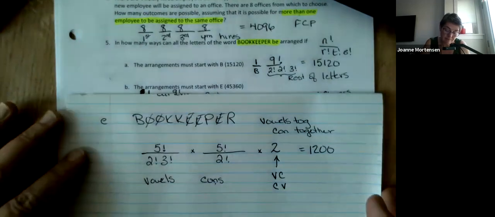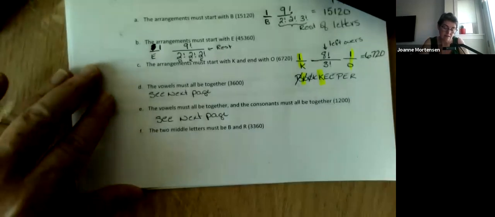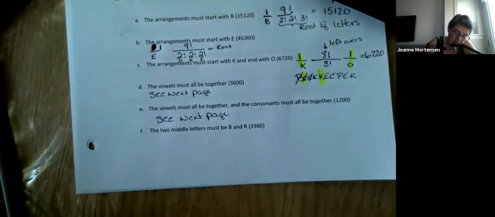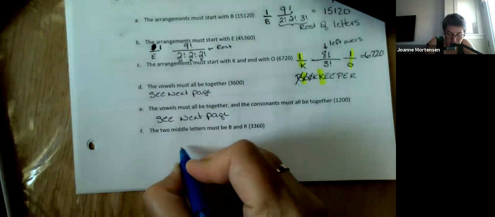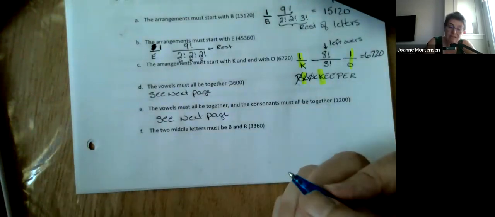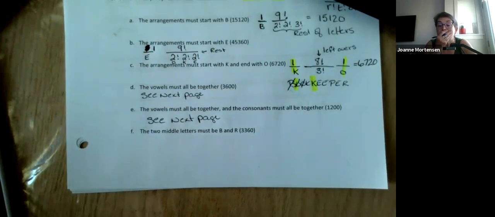All right, let's see. The 2 middle letters must be a B and an R. So there's another one where I really want, I should admit to you, I really want to turn this off and try it myself.